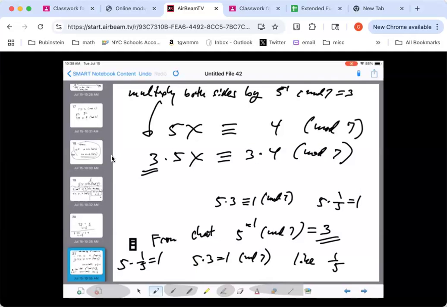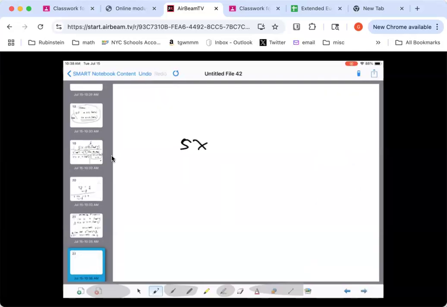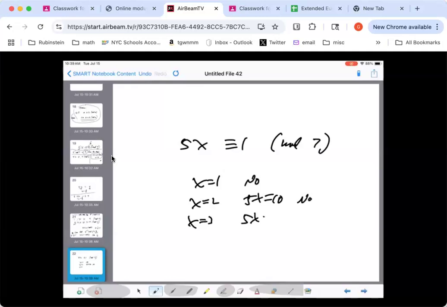Remember yesterday we were answering this question by trial and error. X equals 1, no. X equals 2, 5x equals 10, no. X equals 3, 5x equals 15, yes. Because 15 divided by 7 is remainder 1.